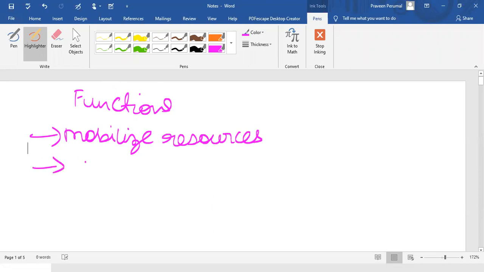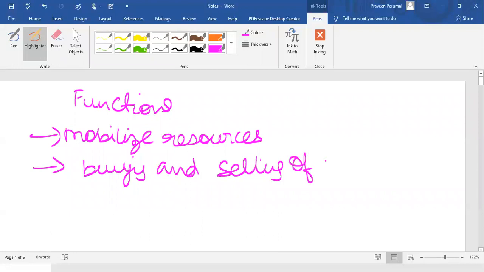Second function, facilitate buying and selling of securities. Third, facilitate process of efficient price discovery.